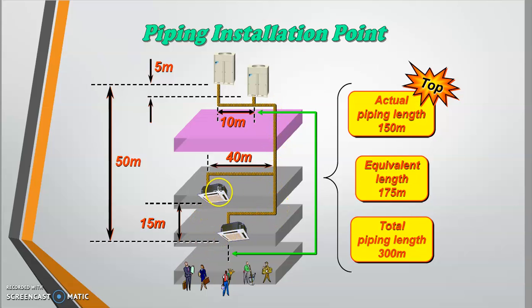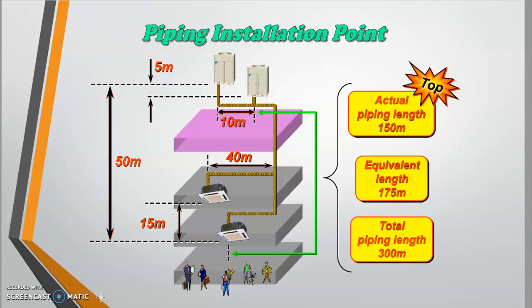The height between certain ceiling limits is only about 15 meters, and the maximum length from the outdoor unit to the lowest ground floor pipe is only about 50 meters. The actual piping length is about 150 meters, so the total piping length that you can go for with the VRV system is only about 300 meters. This is one of the restrictions when we are using the VRV system.